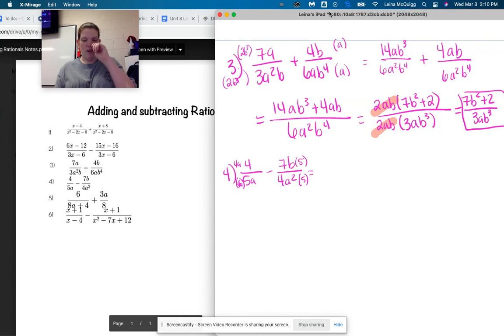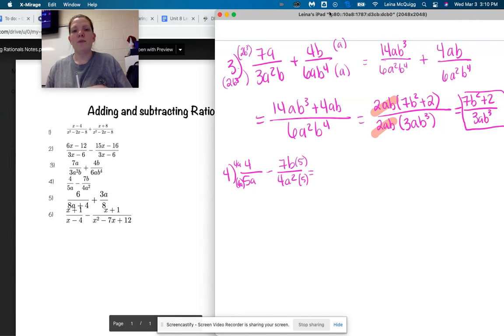Okay, so 4 and 5, their least common multiple is 20. And then a and a squared, their least common multiple is a squared. So that's why I'm multiplying that first fraction by 4a, because 4 times 5 will give me 20. A times a will give me that a squared. And I'm multiplying the second fraction by 5, because 5 times 4 will give me 20, and I already have a squared there.